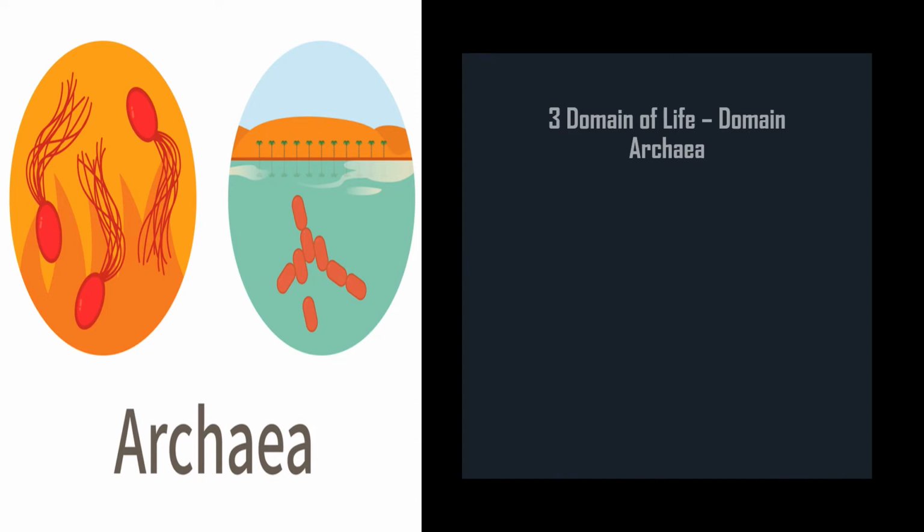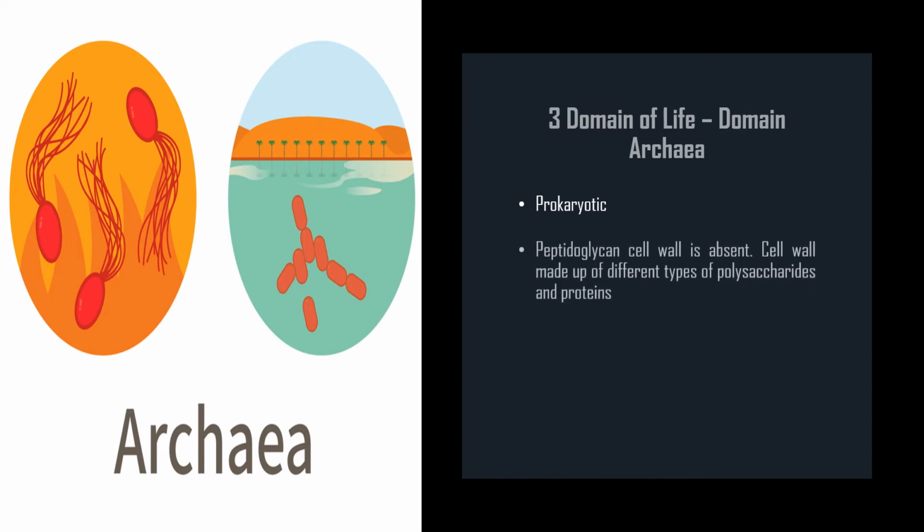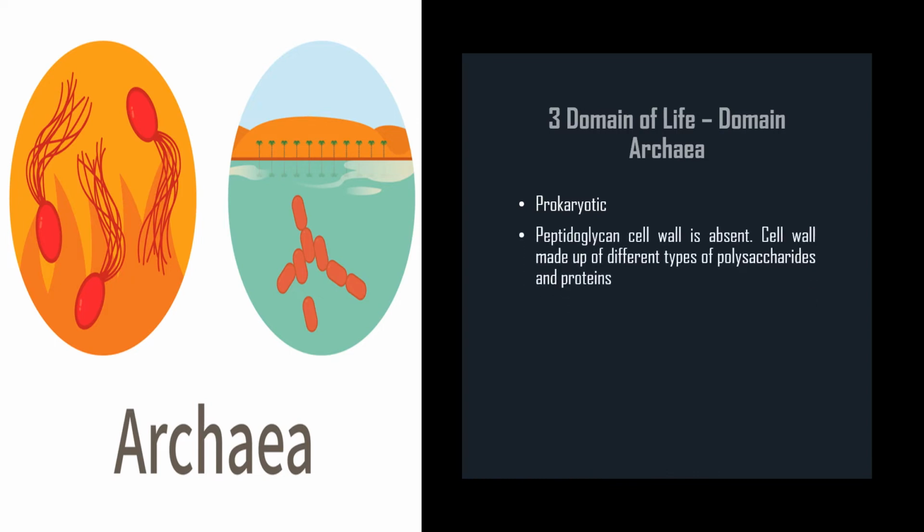Next one is archaea. Members of domain archaea are distinguished from bacteria by many features, most notably their distinct rRNA sequence, lack of peptidoglycan in their cell walls, and unique membrane lipid. Some have unusual metabolic characteristics, such as the ability to generate methane gas.